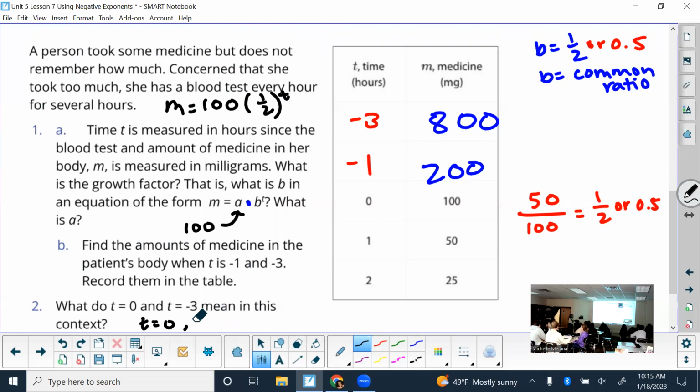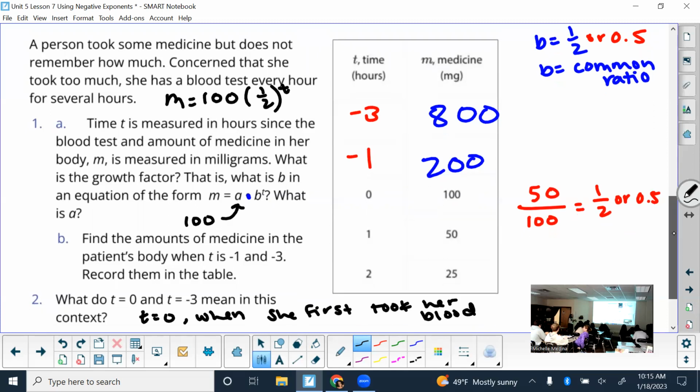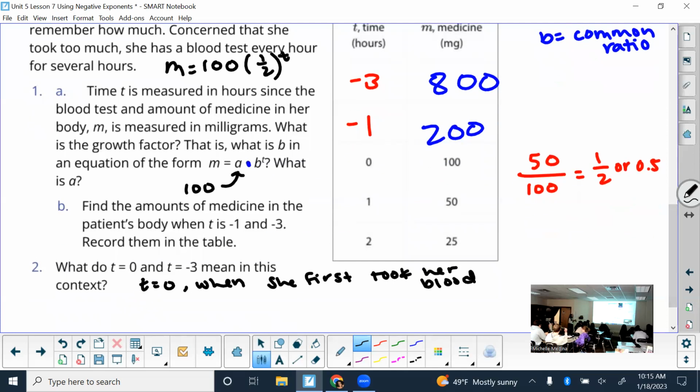That's when she took her blood, is that what you said? Very good. When she first took her blood for a blood test, that's when she measured the initial amount of 100 milligrams of medicine. Table 2, what does it mean when t is -3?